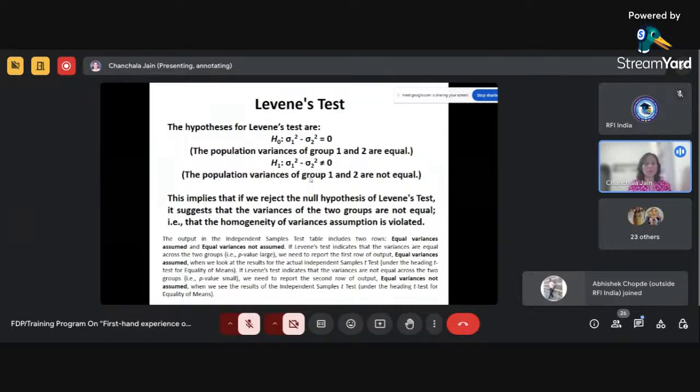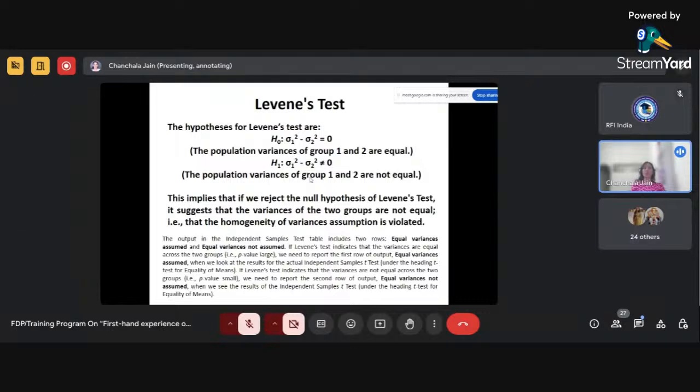For this assumption we use Levene's test, and here you can see the null hypothesis of Levene's test says that the variance of the first group minus the variance of the second group is equal to 0, or you can say the variance of the first group is equal to the variance of the second group, right?